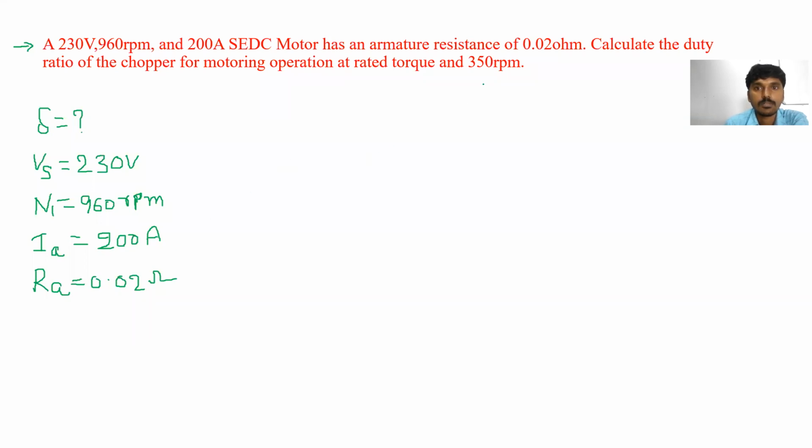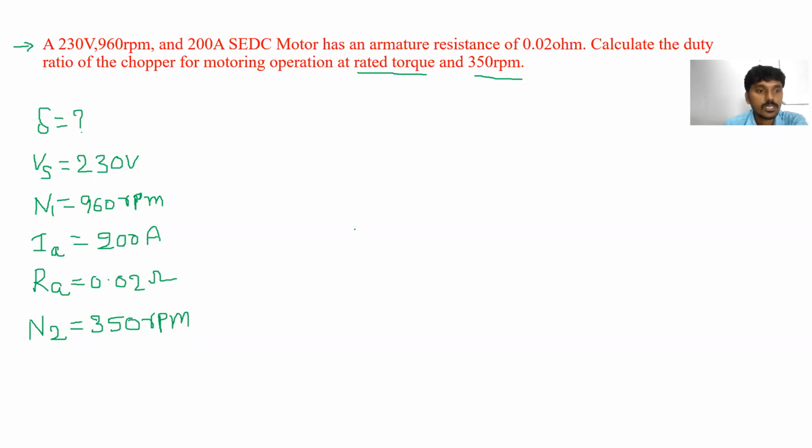And it has given the motor speed N2 is equal to 350 RPM. 350 RPM means we have to find out the duty cycle when the motor is operating at this speed and rated torque. So what will be the duty cycle in this position? Clear? That is what we have to find out.